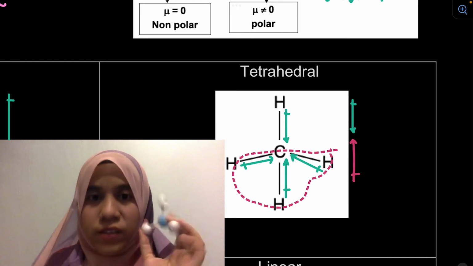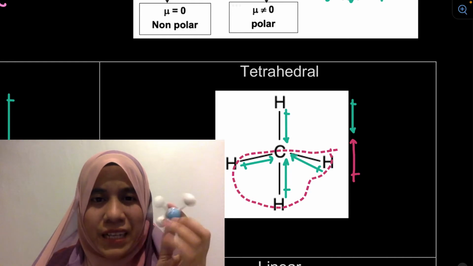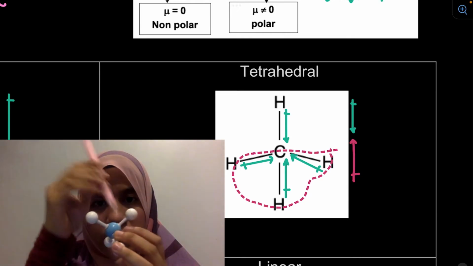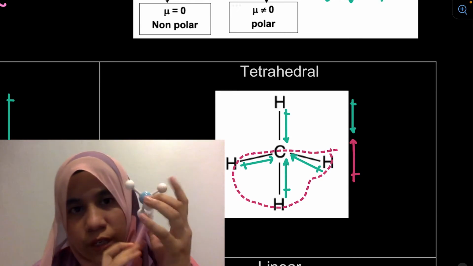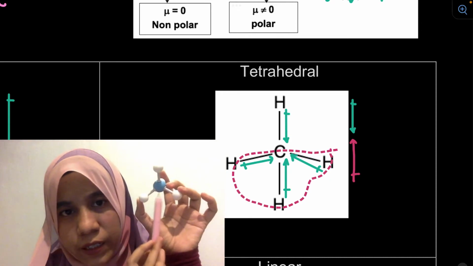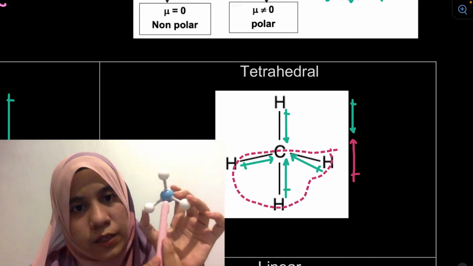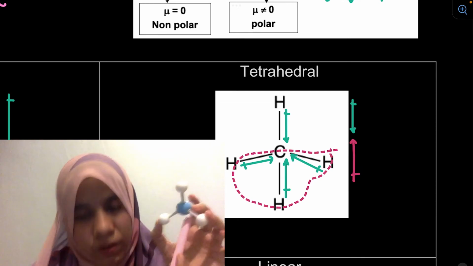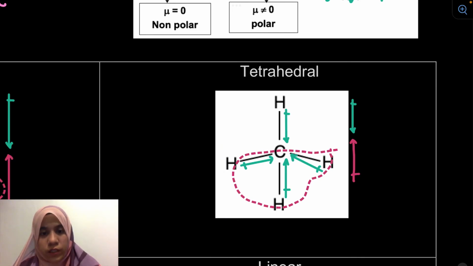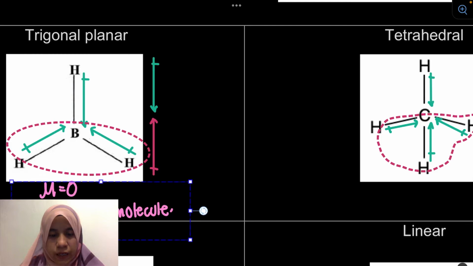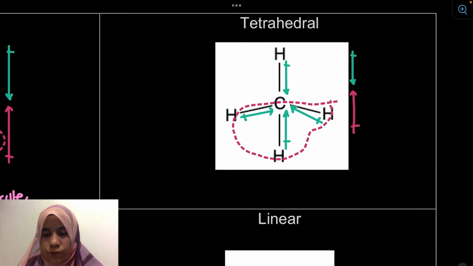So for tetrahedral, although you may feel it can't be cancelled out, this V goes up and this V goes down. So actually it will be cancelled out. So for tetrahedral, where all the terminal atoms are the same, it is also the same. Mu is equal to 0, hence it is a non-polar molecule.